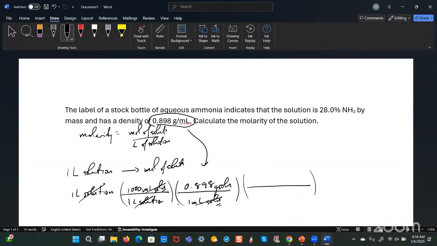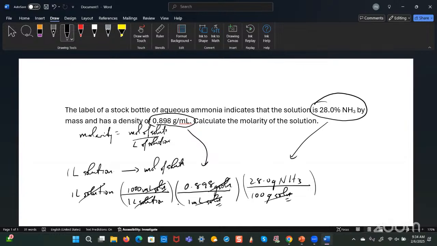Now, according to the question, 28% of that solution by mass will be the actual ammonia. So I can represent that here in this conversion factor, where I would put 28.0 grams of ammonia above as numerator and 100 grams of the solution below as a denominator, all right? So this unit will cancel with that unit. And then that's it.